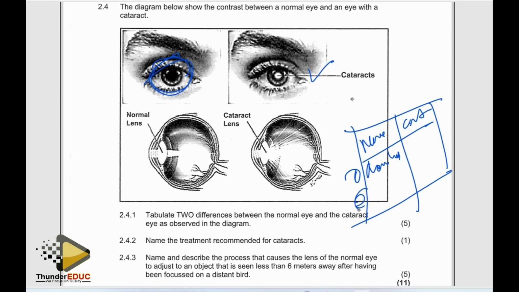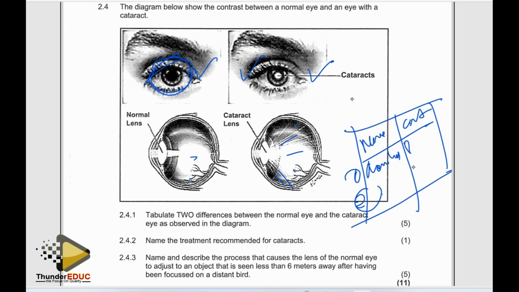That's number one. Then number two, you can talk about light. The normal one allows light to pass through easily. But here, it scatters and blocks light.